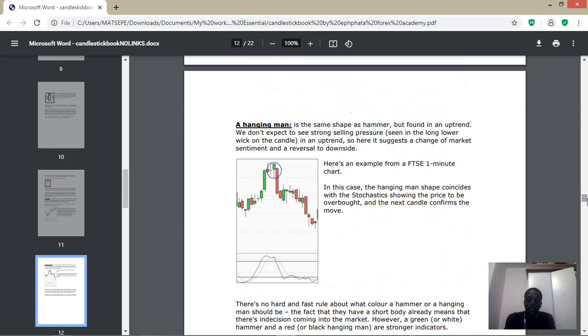So you can see here we have it at the high, and then once you have the hanging man hammer, you see the market is selling, right? This is exactly what I was saying. If it happens at a high or at the peak of the market, you sell.